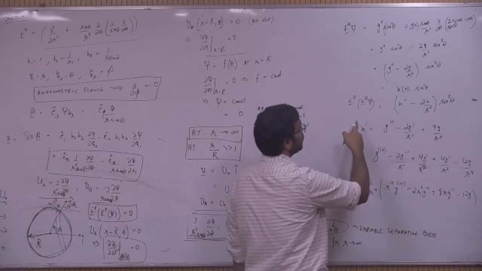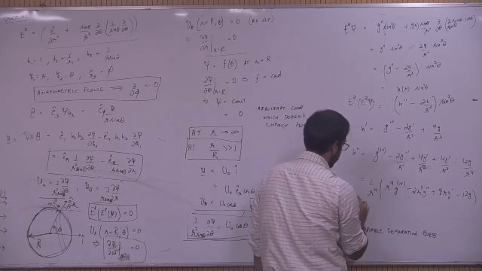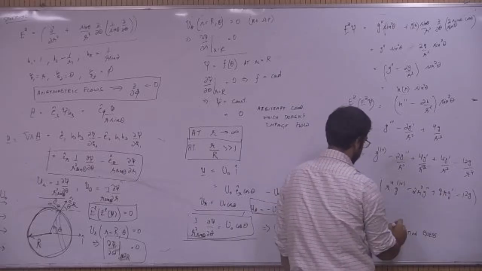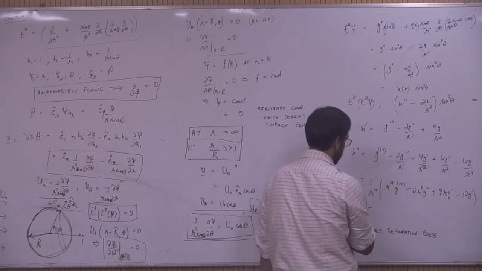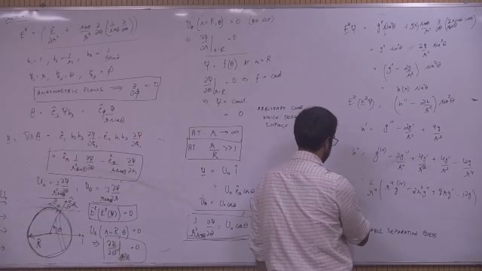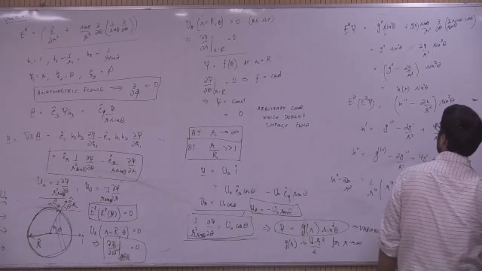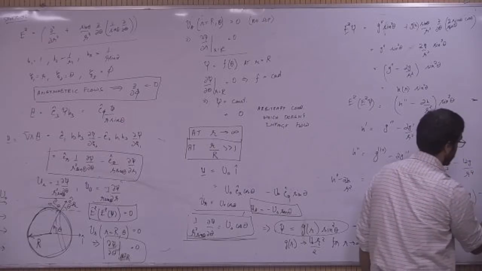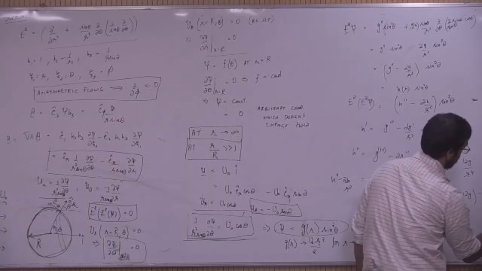So we have this as h double prime, and then h double prime minus 2h over r square will give me this. So maybe let's write it here only. Will be minus 2h over r square. So minus 2g double prime by r square plus 4g over r to the power 4.